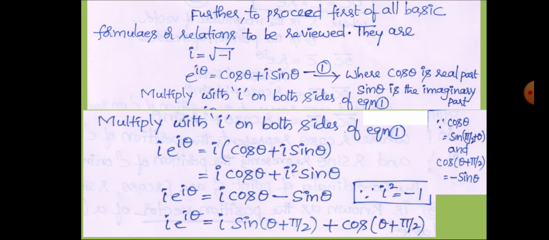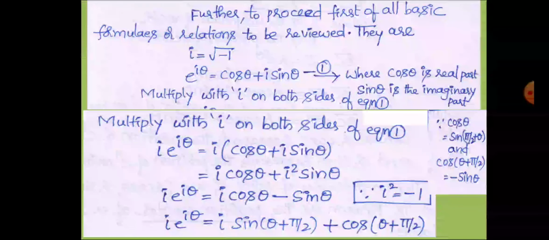So I can write i into, instead of cos theta, sin of theta plus pi by 2. Pi by 2 means 90, so 90 plus theta or theta plus 90. So sin of theta plus 90 is plus cos theta, and minus sin theta is there. On the side you can see cos theta is equal to sin of pi by 2 plus theta, or theta plus pi by 2, and cos of theta plus pi by 2 can be written as minus sin theta.